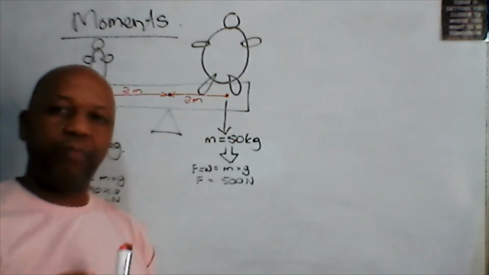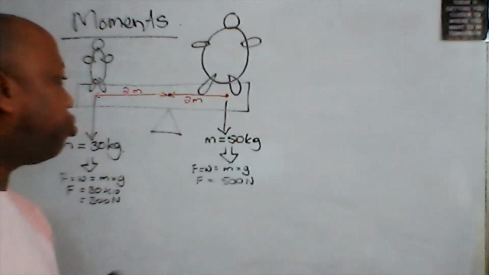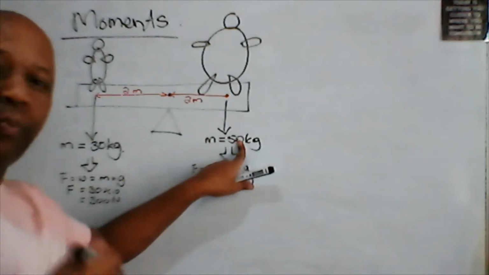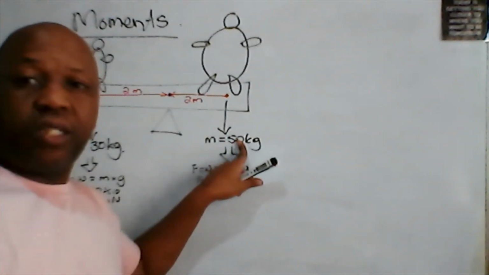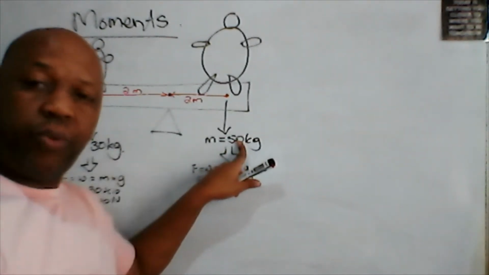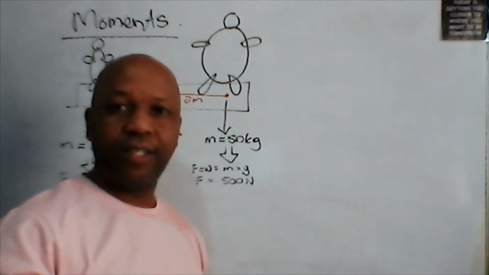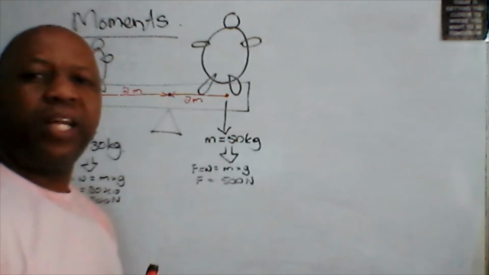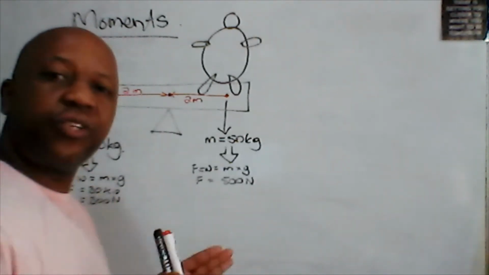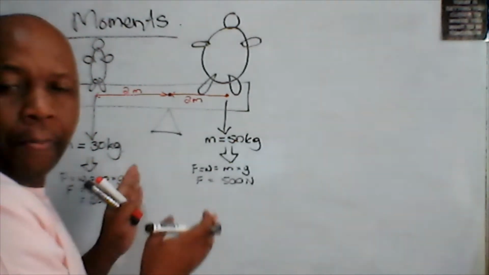Please be careful. When you are calculating moments, do not use the mass multiplied by the distance, as I often see when I am going through people's work. It's always force multiplied by the perpendicular distance. Also, there are so many tricks that come with this question.